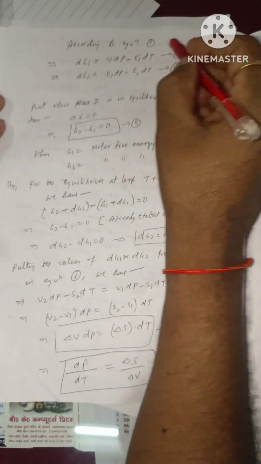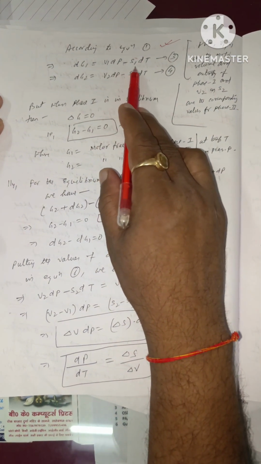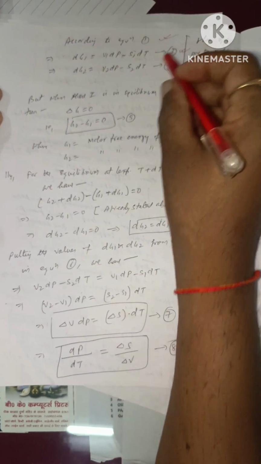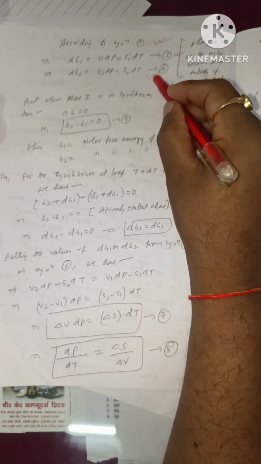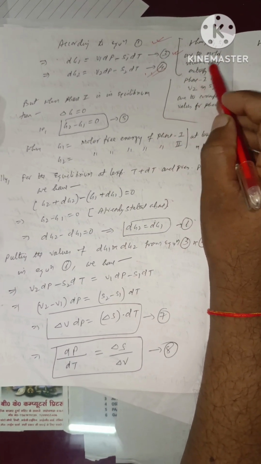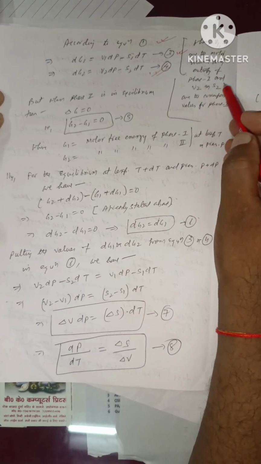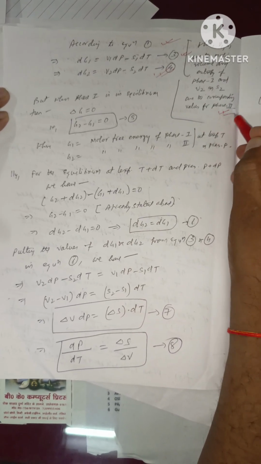Now, according to equation 1, dG1 is equal to V1 dP minus S1 dT, say equation number 3, and dG2 is equal to V2 dP minus S2 dT, say equation number 4, where V1 and S1 are the molar volume and entropy of phase 1, and V2, S2 are the corresponding values of phase 2.